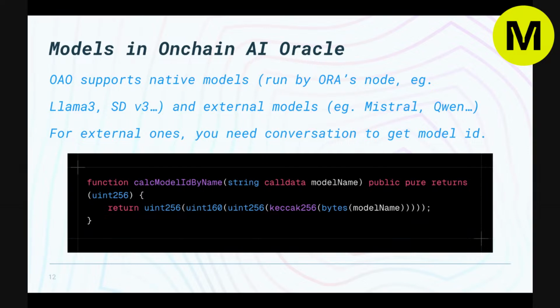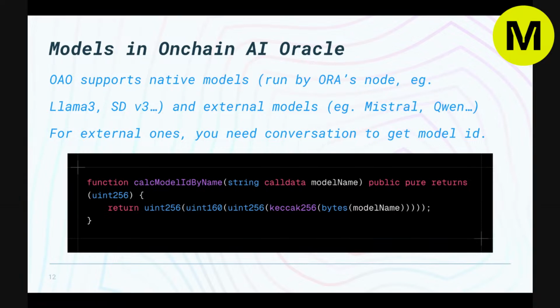And another tip when you are integrating with on-chain AI Oracle is that we have offered around 30 models, and it has two types. One type is the native models that run directly inside the Aura node network, including Llama 3, Stable Diffusion version 3, and also other major models.